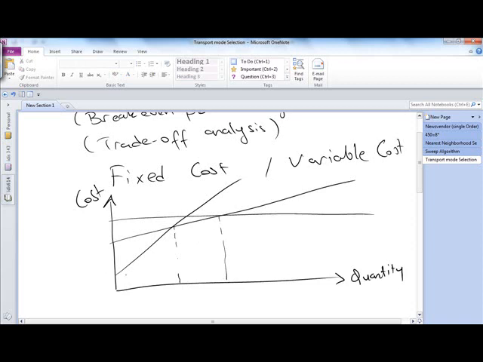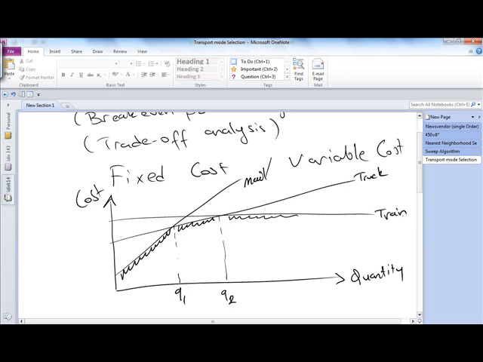What this tells me is if I'm shipping fewer than quantity 1, I should use this one. Let's say this is mail, I'm just making it up. If I'm shipping between quantity 1 and quantity 2, I can use truck. And if I'm shipping really large quantities, I can use train.